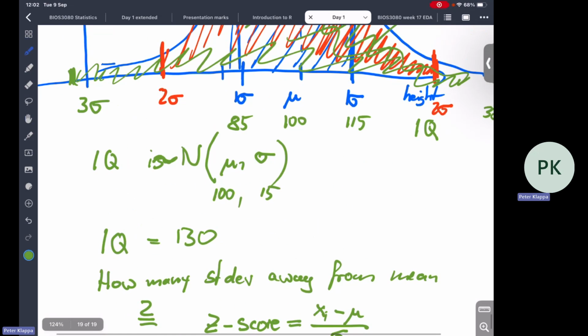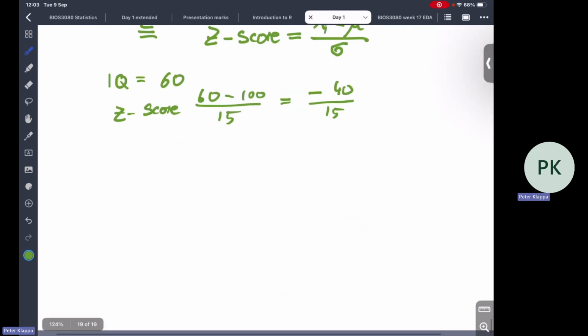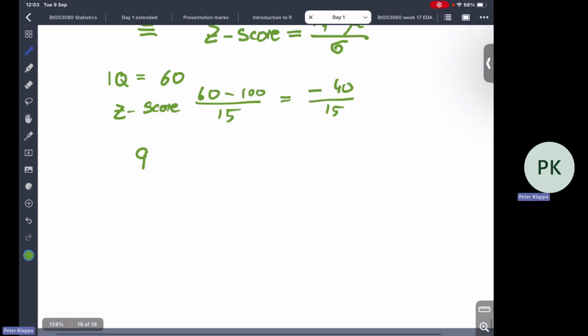I lied to you, however, I have to say, because it's not exactly true. This 95% is roughly true, but the exact value, it's a very long number, is 1.96 standard deviations.